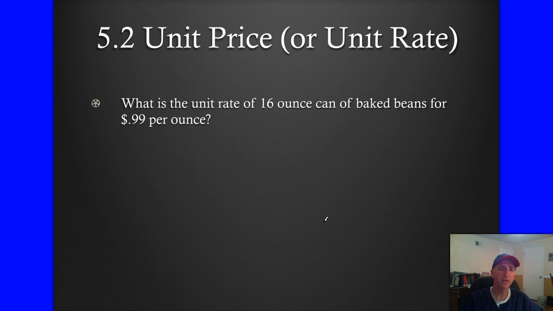So here's an example. It says, what's the unit rate of a 16-ounce can of baked beans for 99 cents, per ounce? When you find unit rates regarding food like this, you're trying to find out what's the best bargain, the best price, the cheapest price for this particular item. And we have to go under the assumption that there are no other variables that we're really considering.